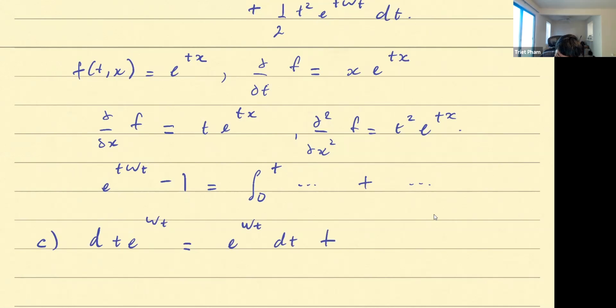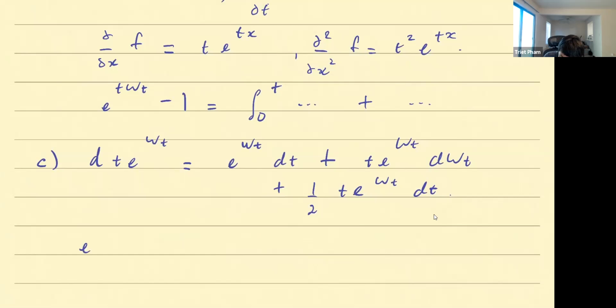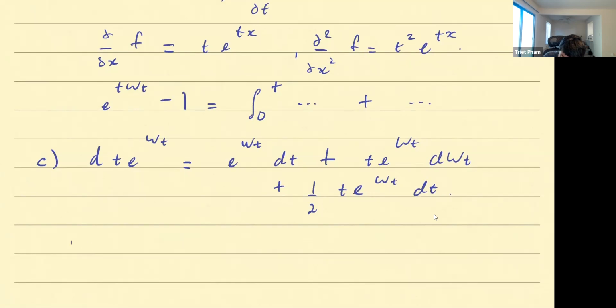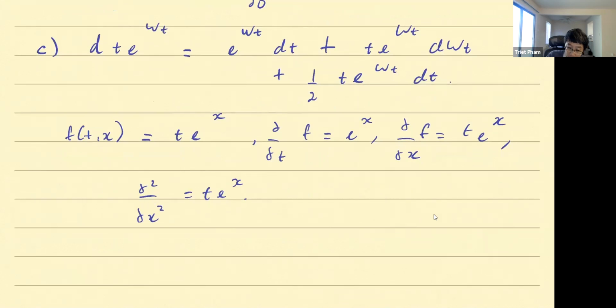With respect to W_t gives us t e^{W_t} dW_t. Differentiating with respect to W_t one more time also gives us t e^{W_t} dt, where the function f(t,x) is t e^x, and so its partial with respect to t is e^x, the partial with respect to x and the second partial are also t e^x. All right. Any question here?